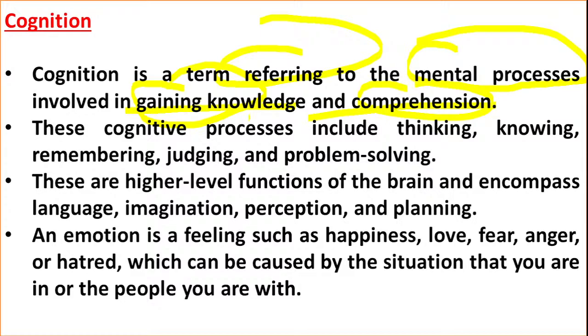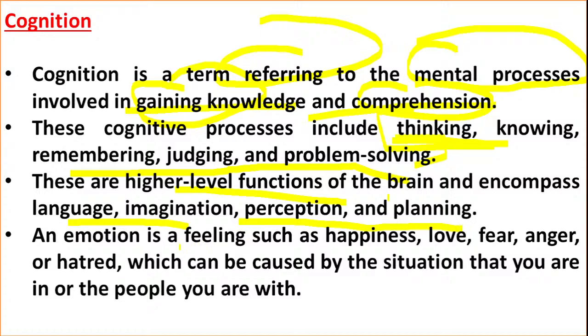And these cognitive processes include thinking, knowing, remembering, judging, and problem solving. Please remember, cognition includes thinking, knowing, remembering, judging, and problem solving. And these are higher level functions of the brain and encompass language, imagination, perception, and planning.